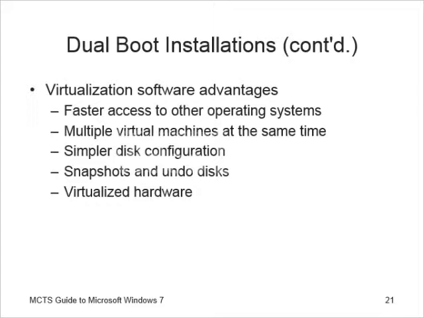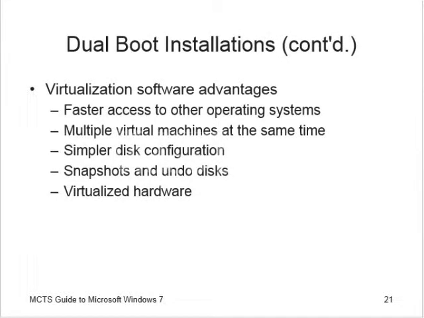Multiple virtual machines at the same time: with dual boot installation, you can install only 2 operating system instances, while with virtual machines, you can install more than 2 operating systems. Again, this depends on the kind of license that you have with your virtualization software. Simpler disk configuration: with dual boot installation, you need to create a different partition for each operating system. With a virtual machine, you don't need to create a different disk partition.